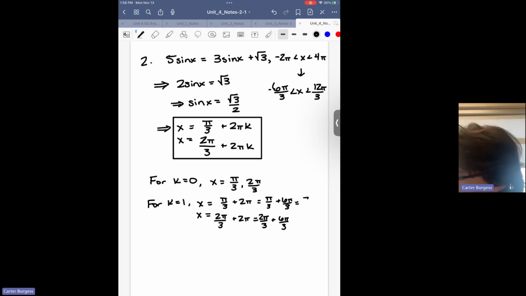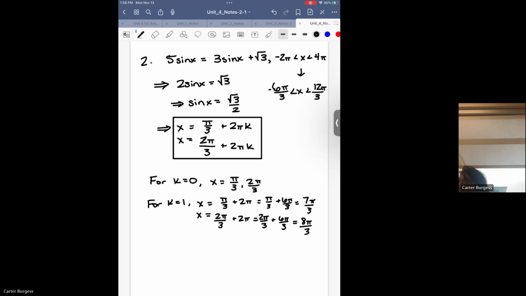And so I get here that these are 7 pi over 3 and 8 pi over 3. Are 7 and 8 between negative 6 and 12? Yeah, so we're still happy here. We're still okay. And now we can see the benefit of reformatting our boundary. It's very quick to see, are we in fact still within this?